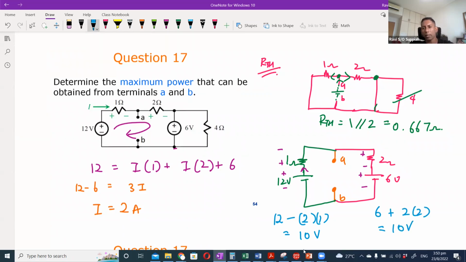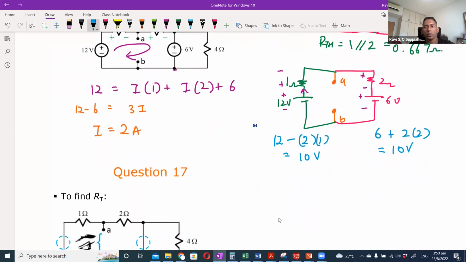Again, why is it plus on the right side? Because both the voltage drops are in the same direction. Whereas over here, the 12 volt is in the upward direction, the 1 ohm is in the opposite direction. So either way, you'll get the same answer. So we know that the voltage across VAB, which is the Thevenin voltage, is actually 10 volt.